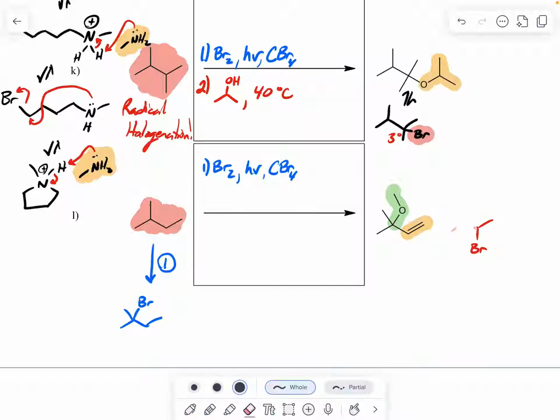However, if we do the elimination first, what'll end up happening is we can form the most substituted alkene in this case, which would be in a position where we can actually do resonance on the next radical halogenation.